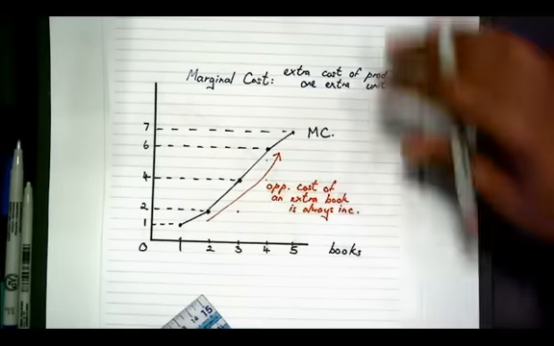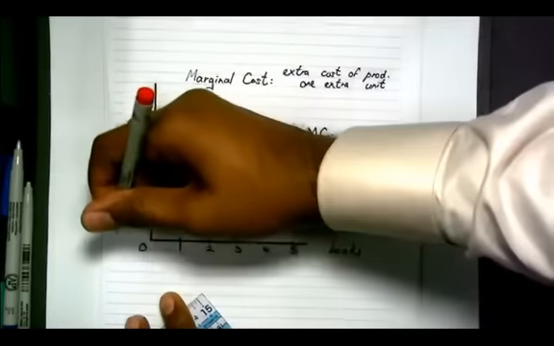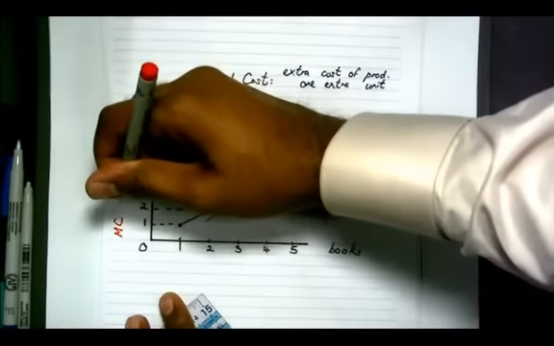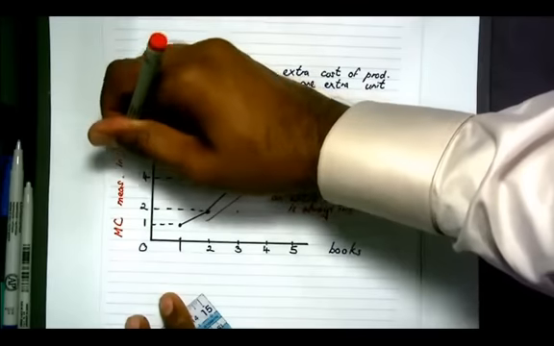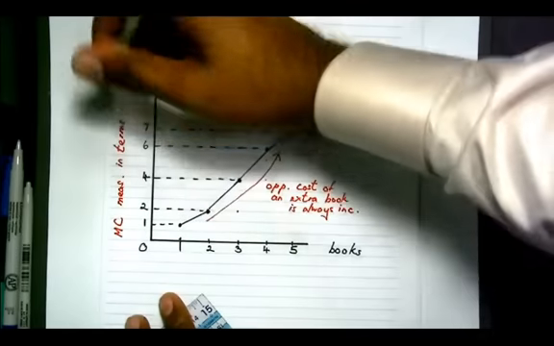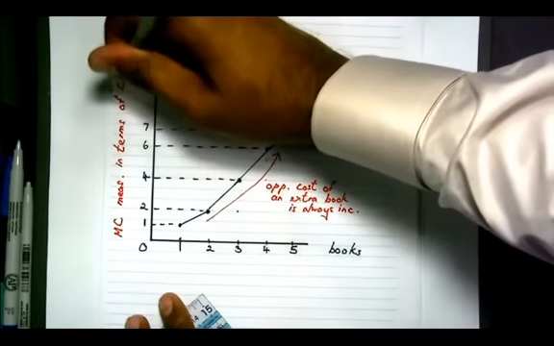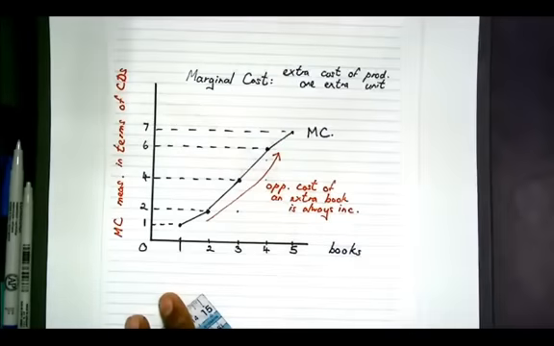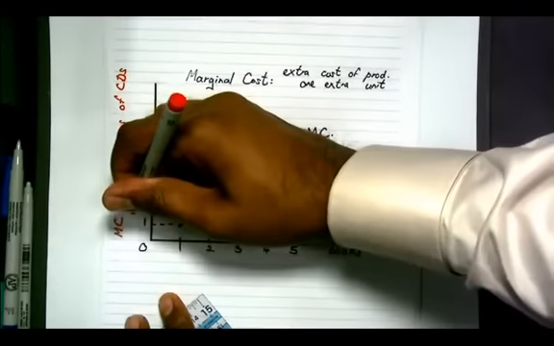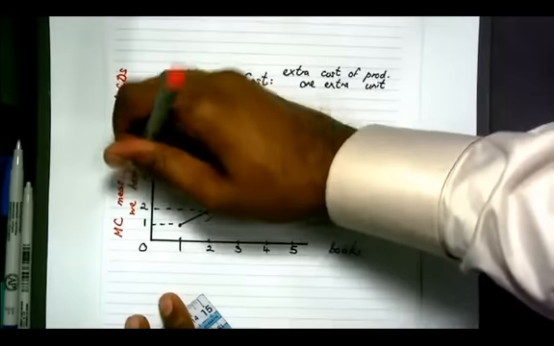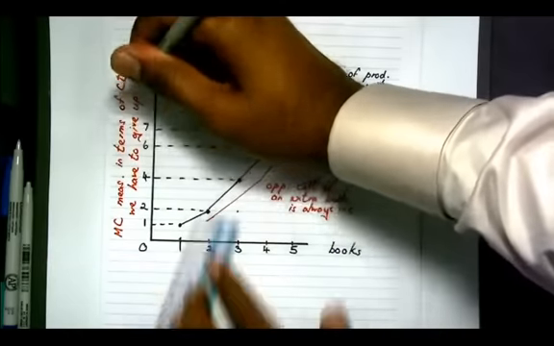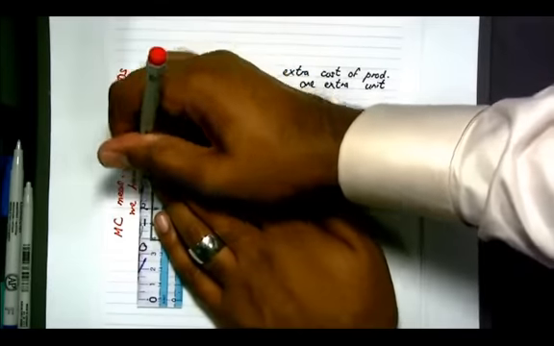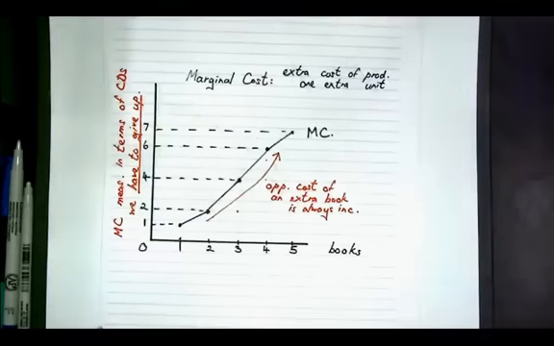How did I measure the opportunity cost? Marginal cost is measured in terms of CDs I have to give up. I'm measuring marginal cost in terms of CDs we have to give up. Underline have to.